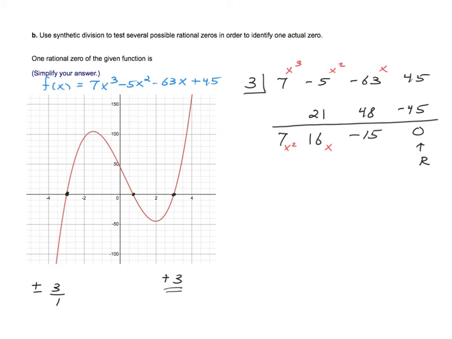So this means we factored out x minus 3. Remember, this is the 0, and 3 makes this factor equal 0. And the thing that came out was 7x squared plus 16x minus 15. So, great. We have one of the zeros, and I know that because we had a remainder of 0.